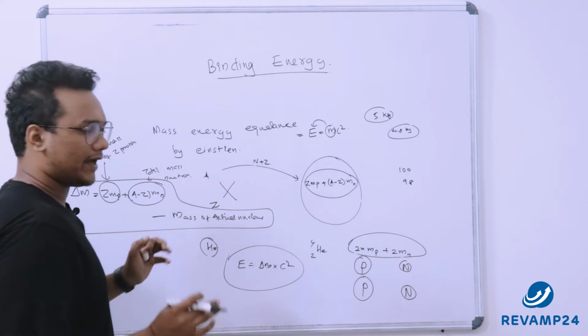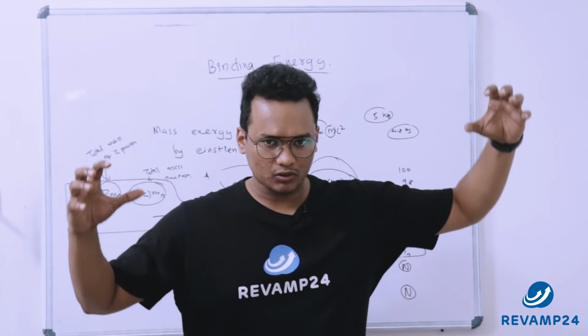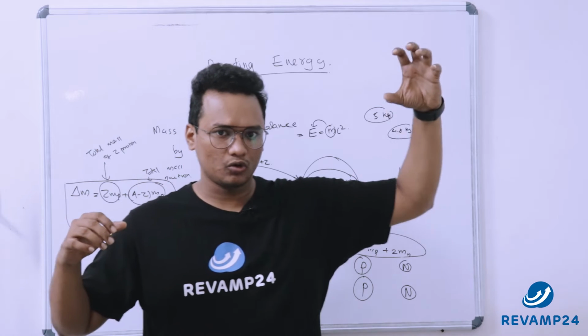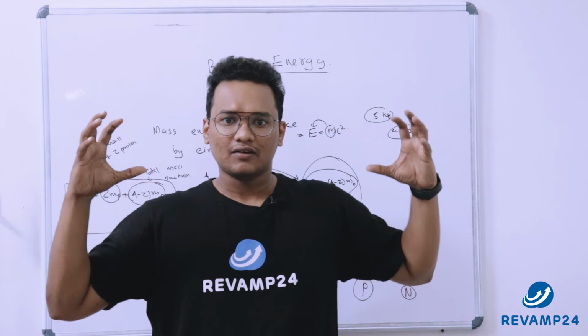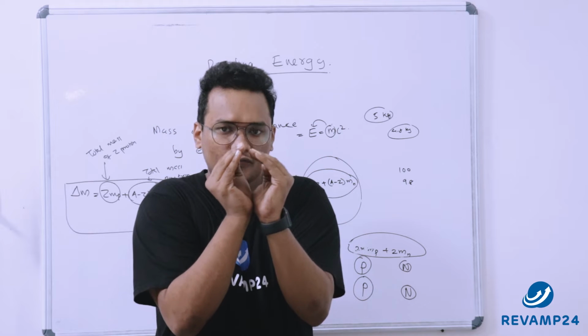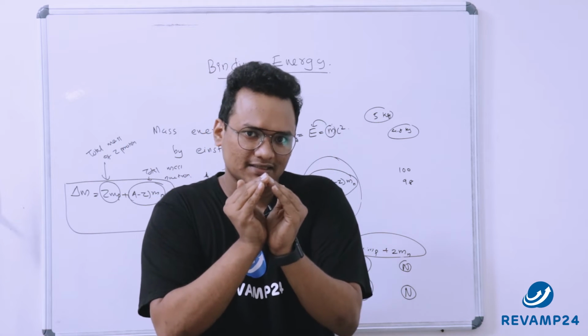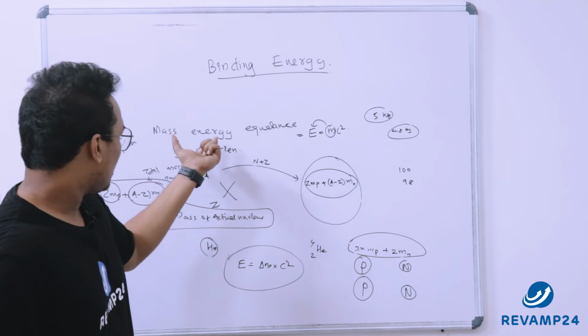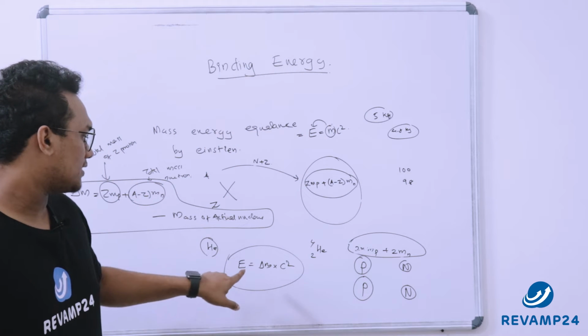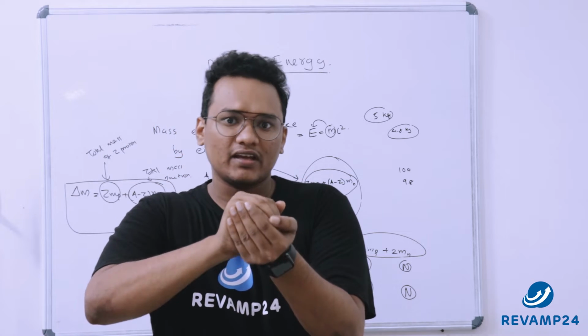In the case of helium nucleus, 2 protons and 2 neutrons have a certain mass. When we combine them to form a nucleus, the mass changes, and when we find the mass-energy equivalent, we get delta m c squared. So this much energy we have.